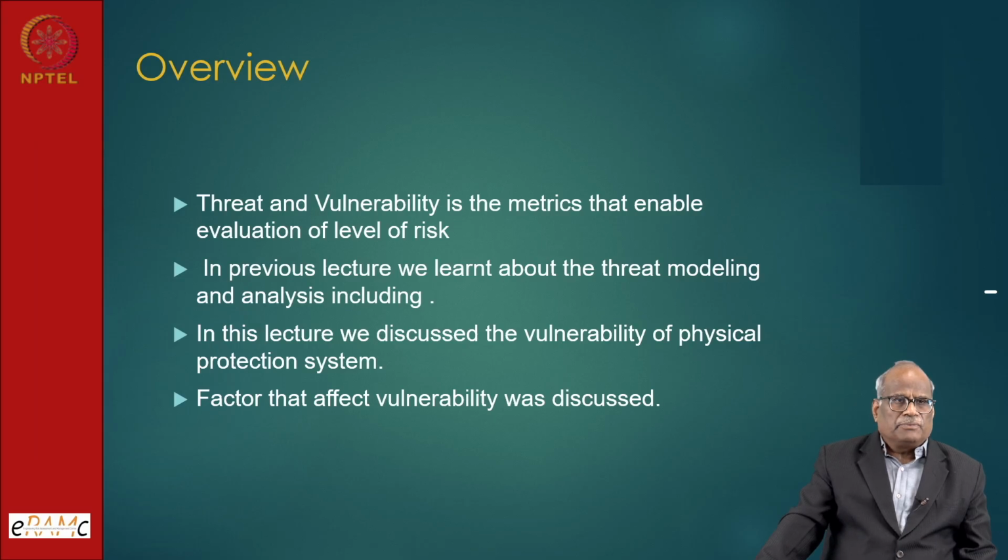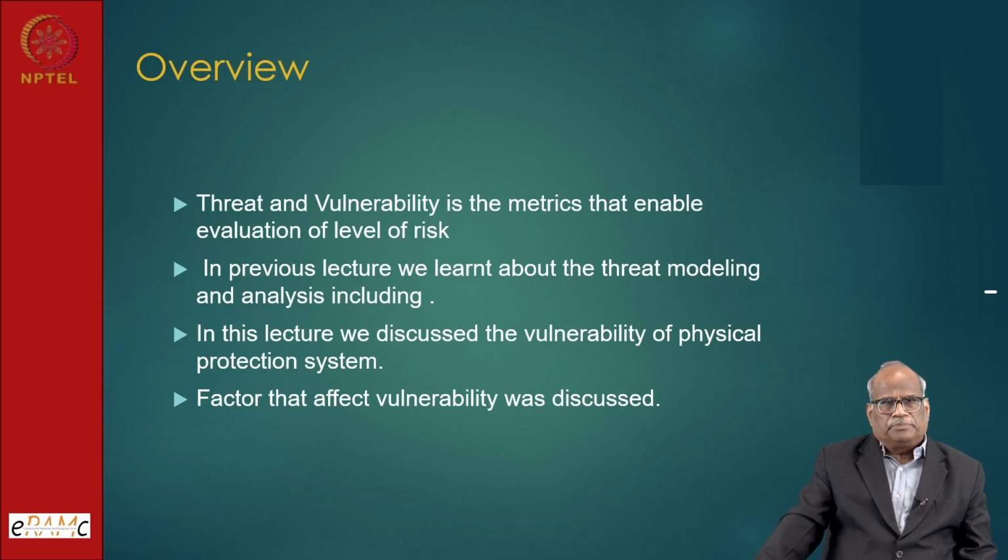The threat we had seen in the second lecture, vulnerability we saw in the previous lecture. Of course, I have not given the detailed calculation and technologies and nuances, because we are having this lecture only for academic purpose.